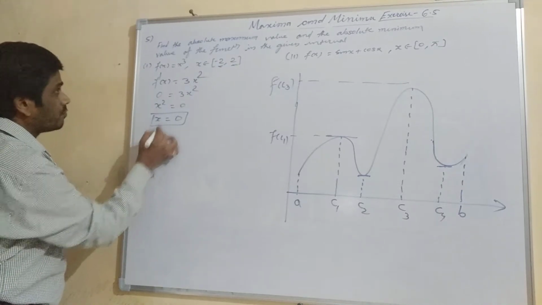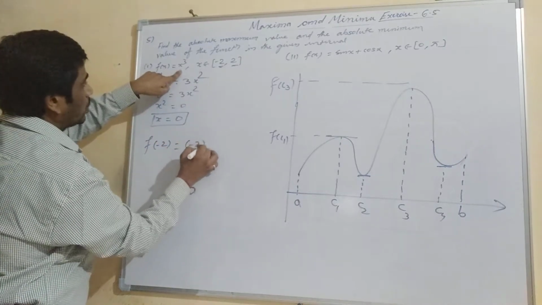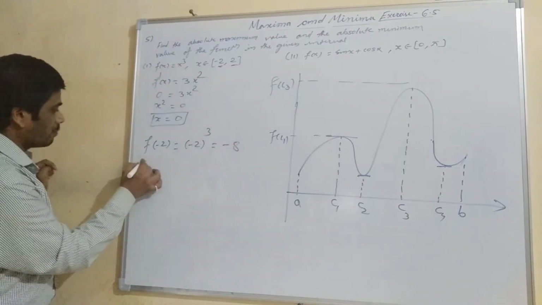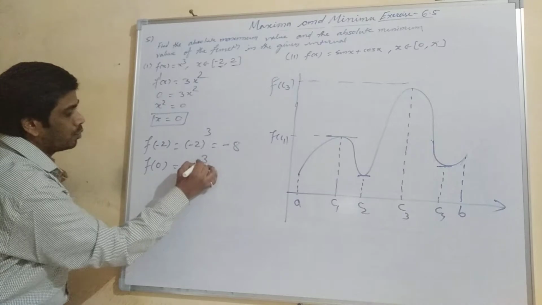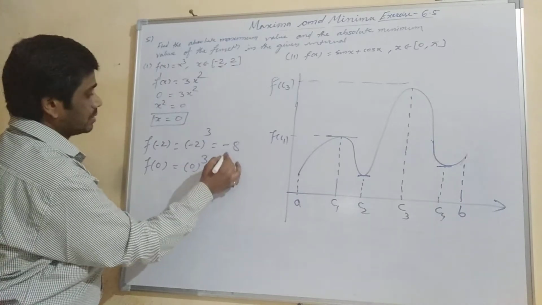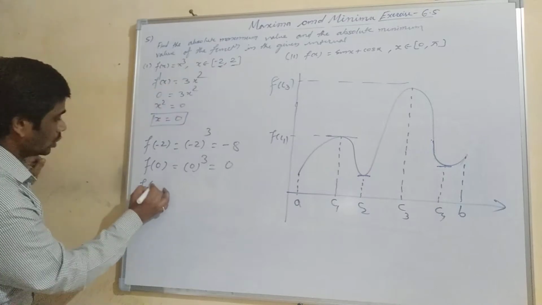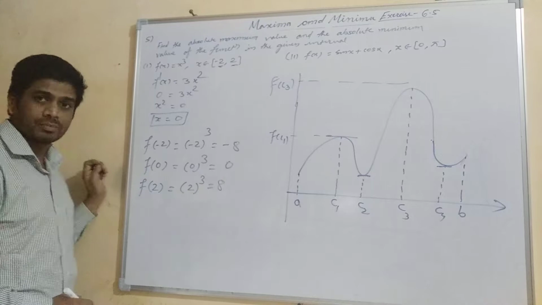First we write f(-2), so we get (-2) raised to power 3, which is -8. If we take f(0), we get 0 cubed, which is 0. The third value, f(2): 2 cubed is 8.